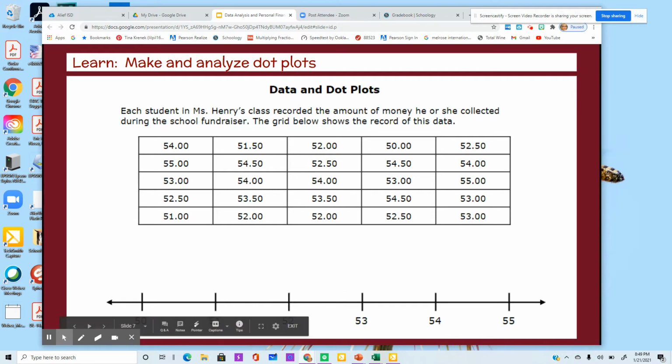If you notice, we already have a number line here that shows you 50 to 55. Okay, so 54, 1 dot. And I'm going to check off each time I put a mark so that I keep track of what I've done. 52, 50. So look, I have 52 and 53.